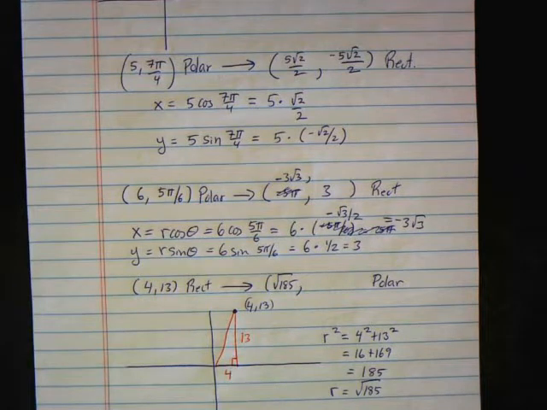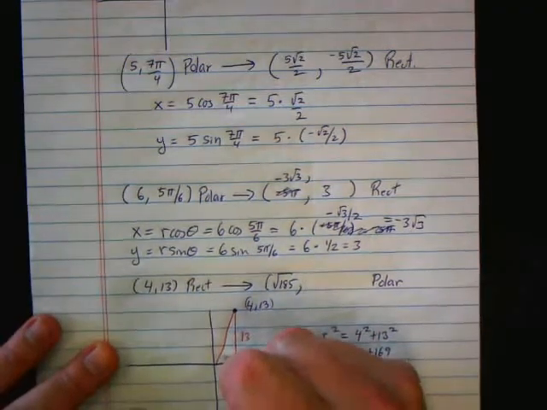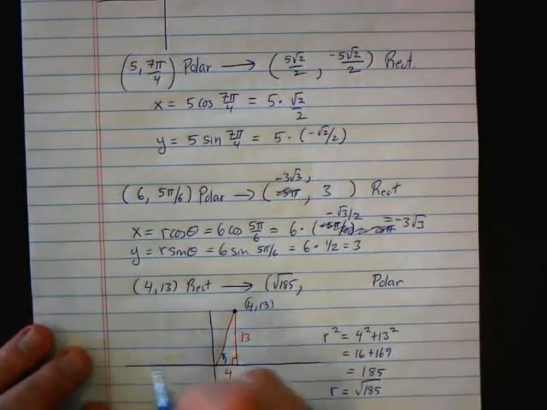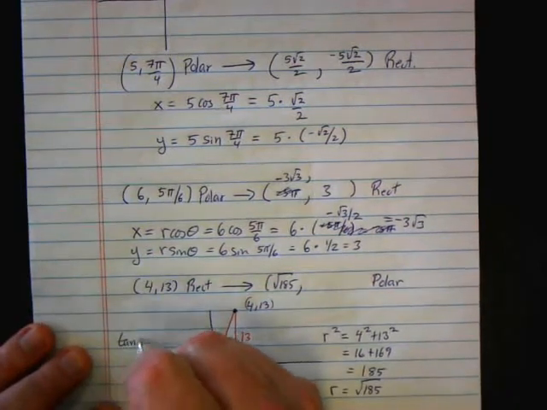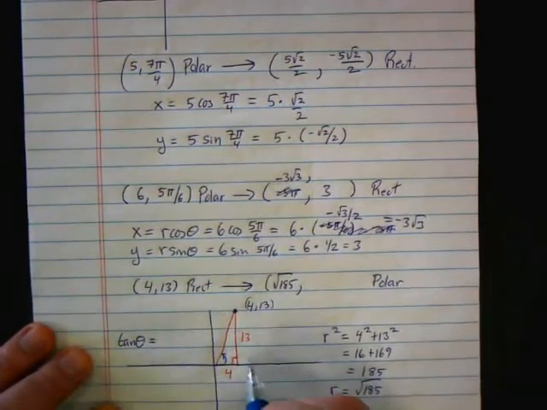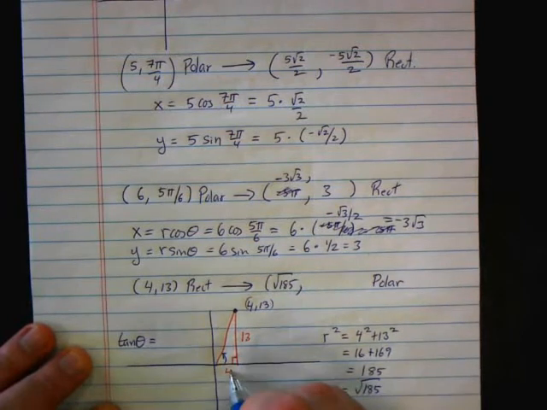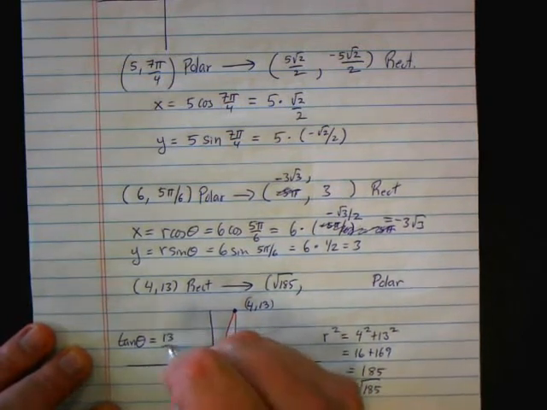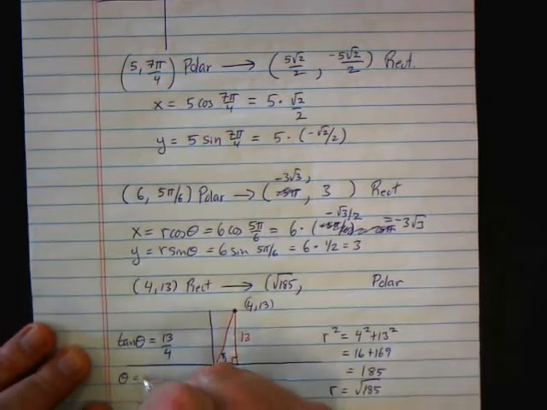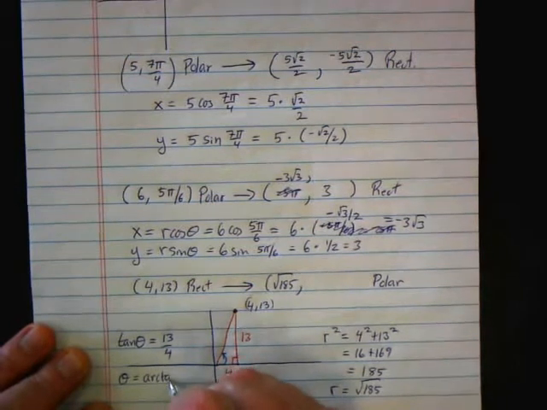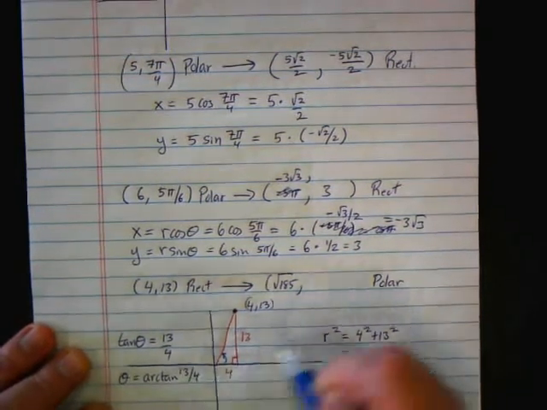And from that picture, how would you find theta? Inverse tangent, because we're looking for this angle right here. We would know from our picture that tangent of theta is opposite over adjacent, 13 over 4. So theta is the arc tangent of 13 over 4.